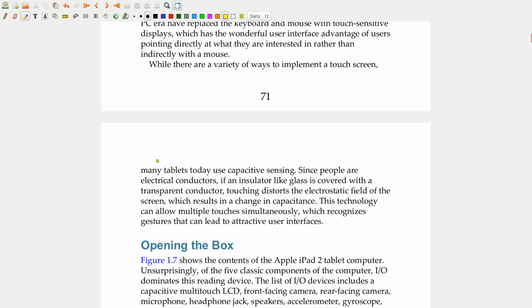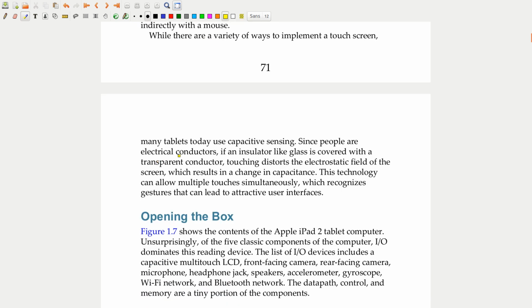It says that people are electrical conductors, and an insulator like glass is covered with a transparent conductor. Touching distorts the electrostatic field, changing capacitance, and it allows for multiple touches simultaneously.